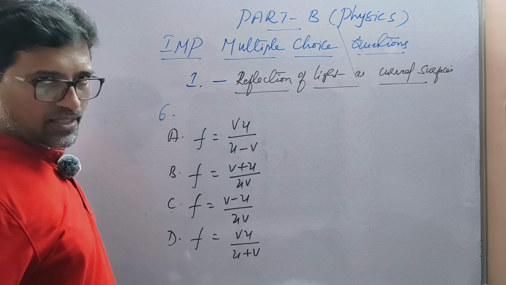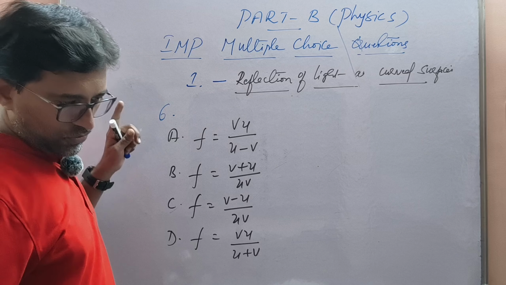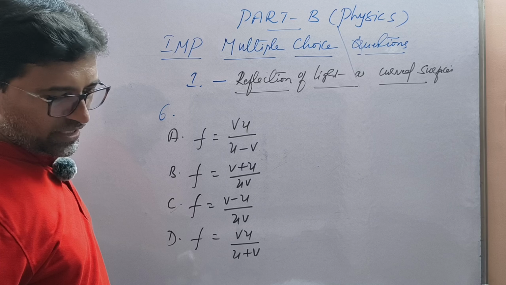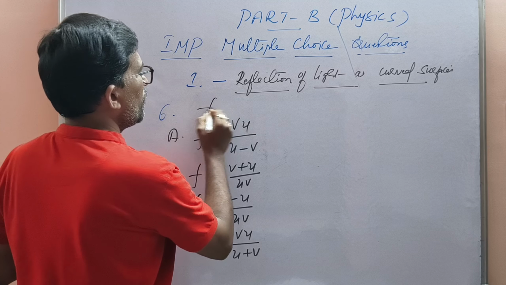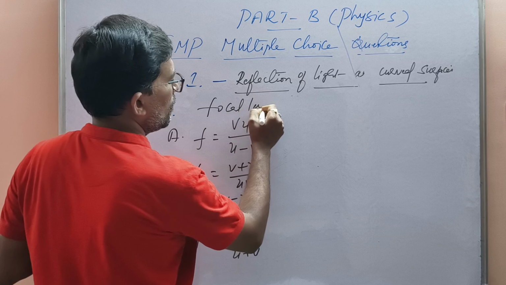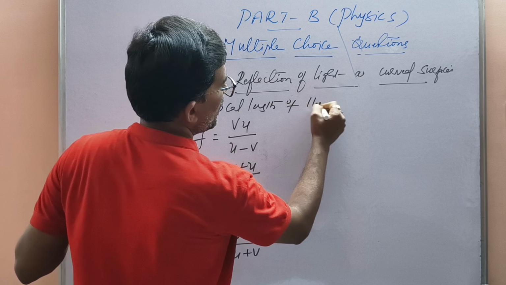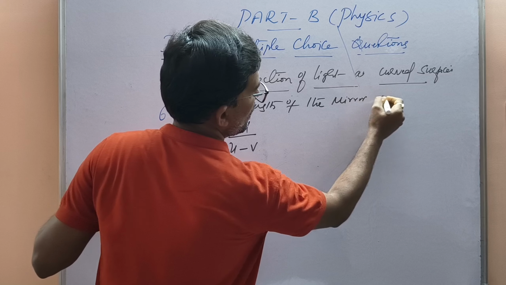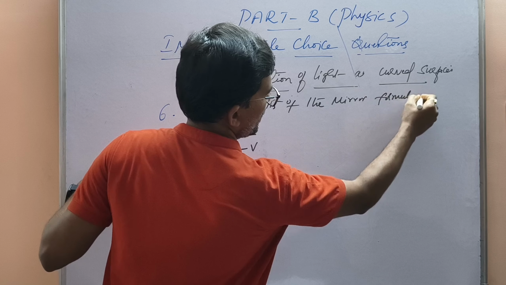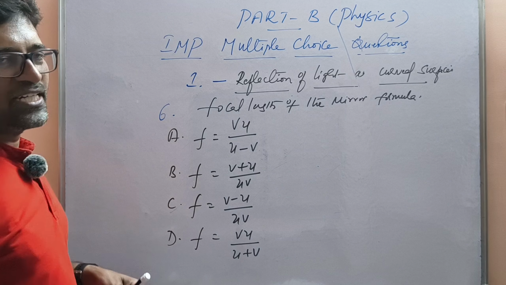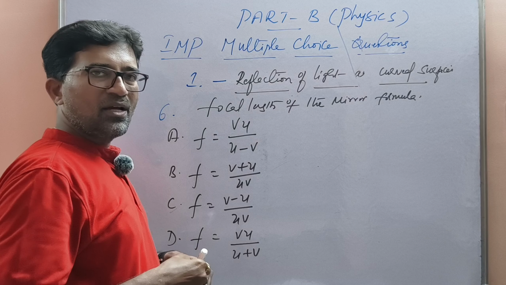The question I will read out: the formula used to find out the focal length of the mirror. Sir, we never saw this kind of formula in the textbook. Then what is this, sir?